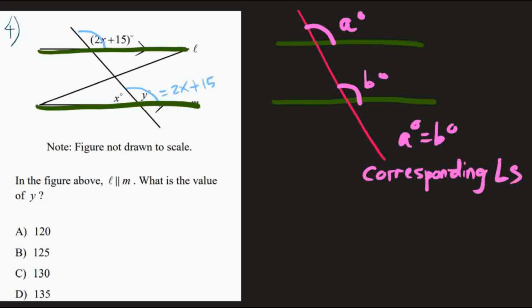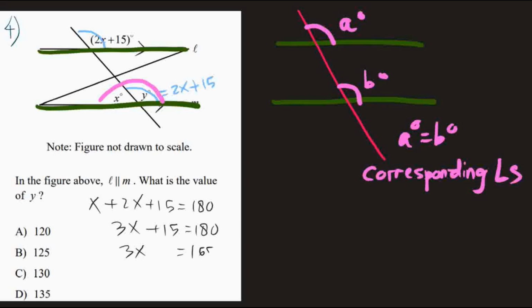Now we can see that this is a straight line, so the sum of x plus y must be equal to 180. So we can write here, this is x, plus 2x plus 15 is equal to 180. X plus 2x is 3x plus 15 equals 180, and 3x equals 165, x equals 165 over 3, which is 55.